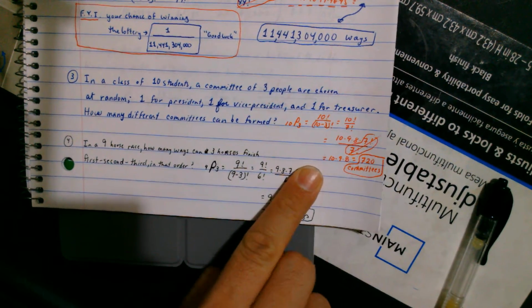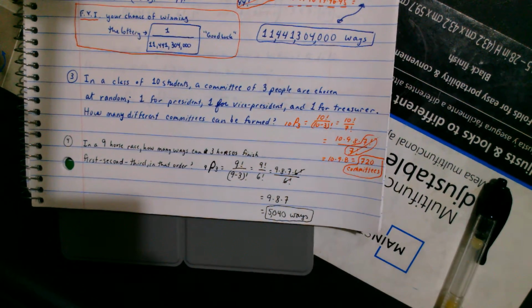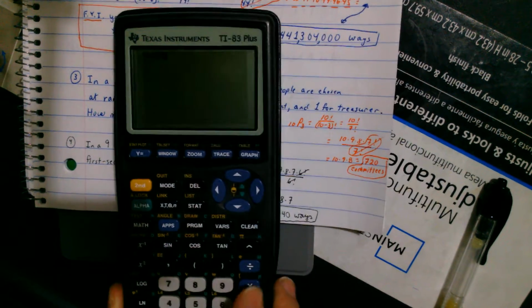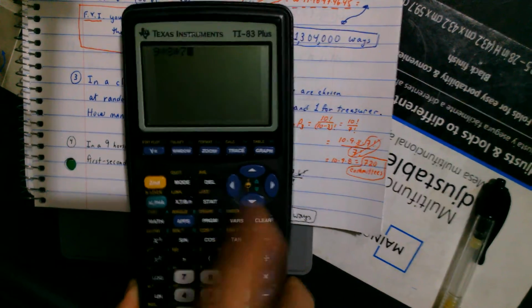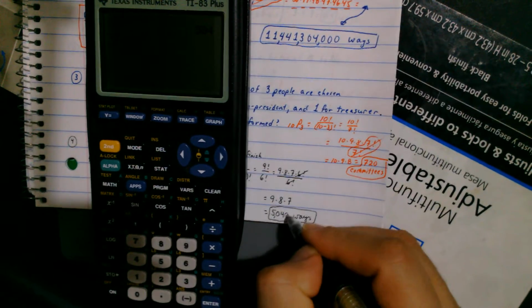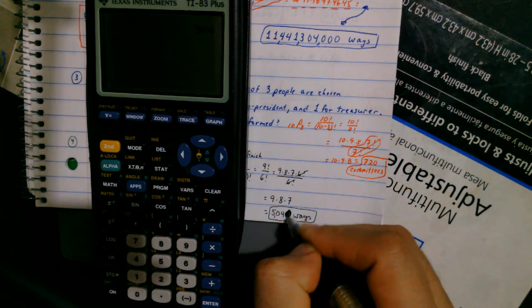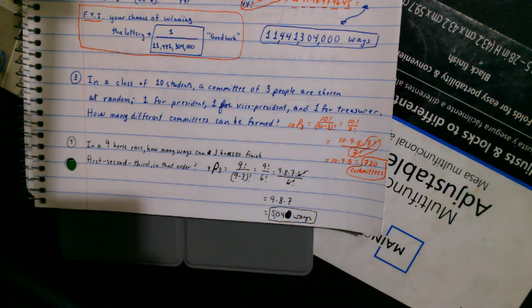So 9 times 8 times 7, 5,040 different ways. So let me see here. 9 times 8 times 7. Wait. 504 ways. There's an extra 0 there. 9 times 8 times 7, excuse me, 504 ways.